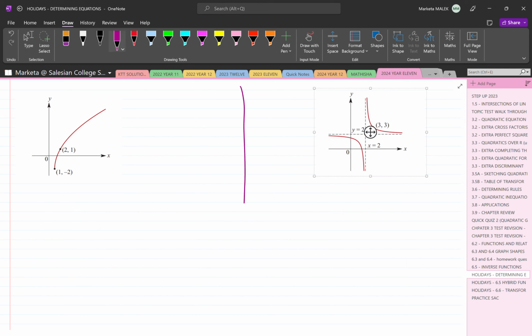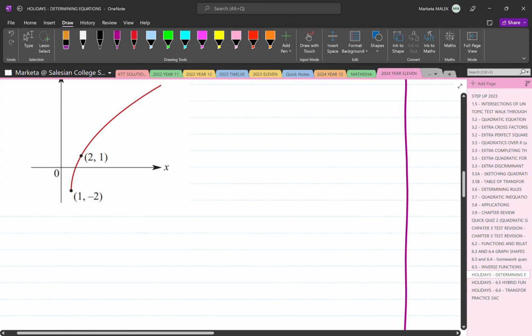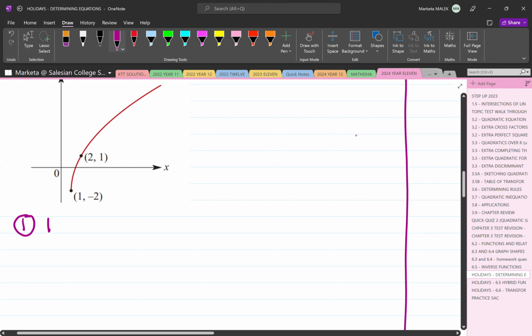Okay. So let's start with this one here. So we want to find the equation of this graph here. So step 1, we're given a picture there and we've got to identify the form. So whether you're given the picture of the graph or a sentence describing that it's a hyperbola, a truncus, a root graph, whatever it might be, you want to determine the form or identify the form.